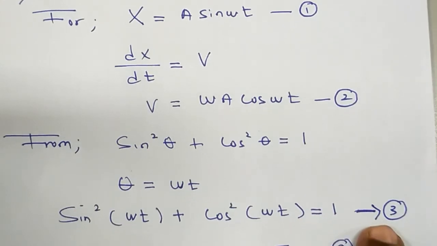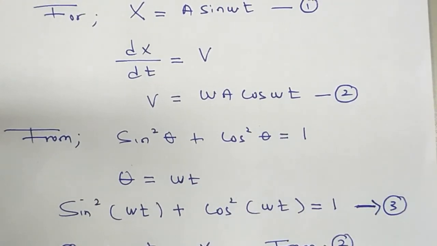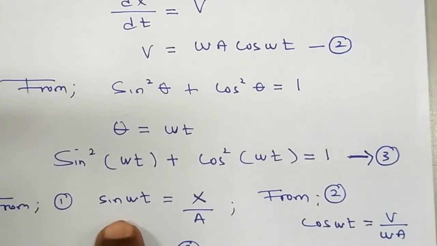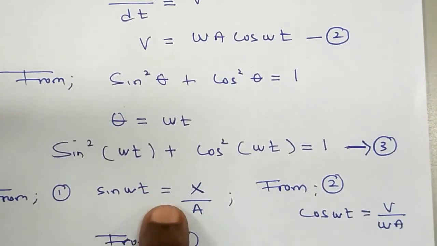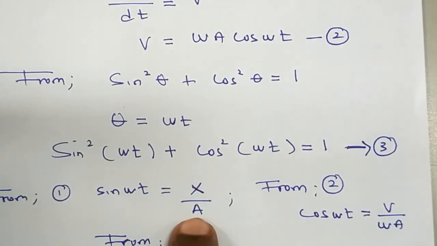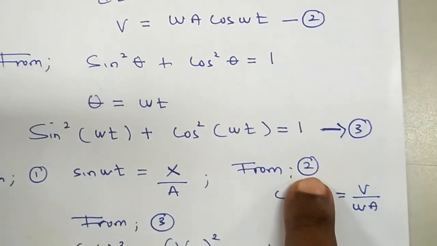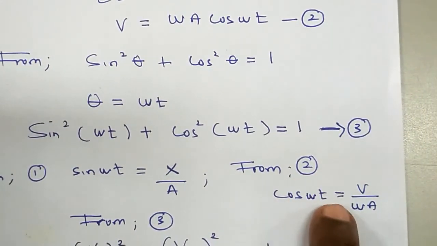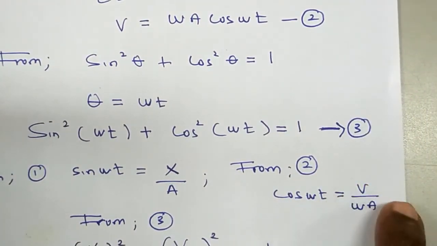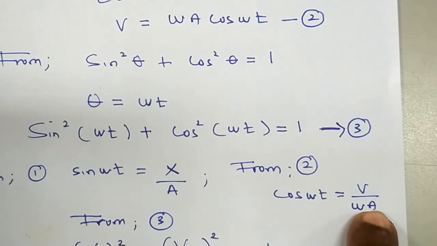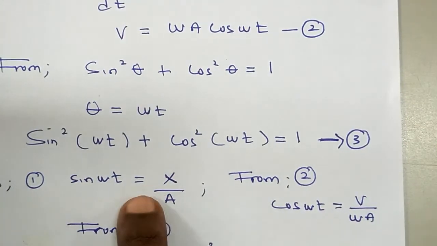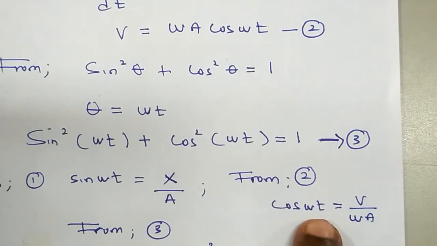Take it as equation 3. From equation 1, sin omega t equals x over a. From equation 2, cos omega t equals v over omega times a. We can substitute these two equations into equation 3.